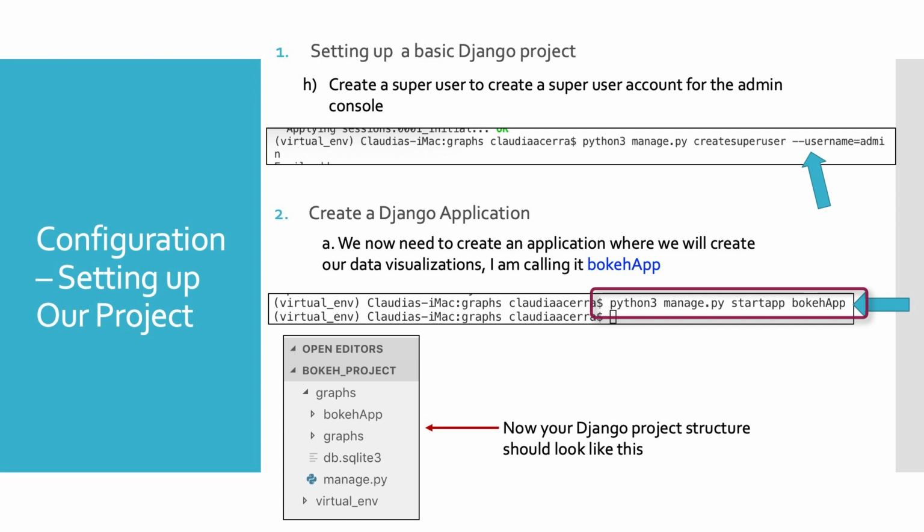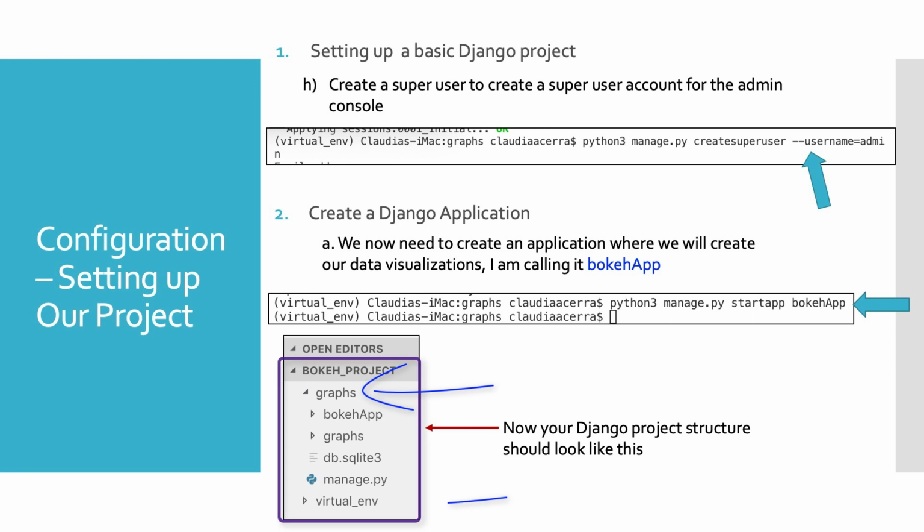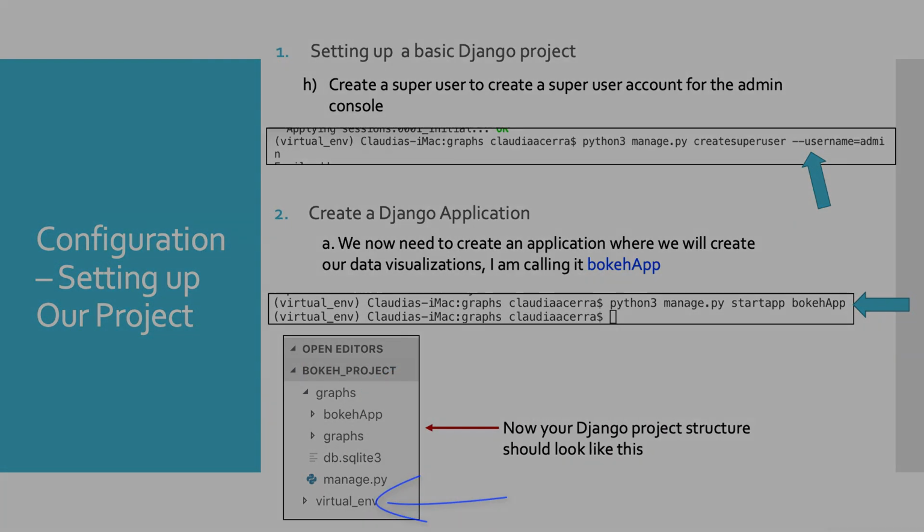I'm calling it bokeh_app. Once we do that, we'll have yet another change to our structure. We'll see graphs, and we'll see bokeh_app underneath graphs, and another folder graphs inside there, and we'll see our requisite SQLite database there as well. Our project folder is a sister to our virtual environment. So look at this if you get confused, but if you follow right along, you should have no problem.